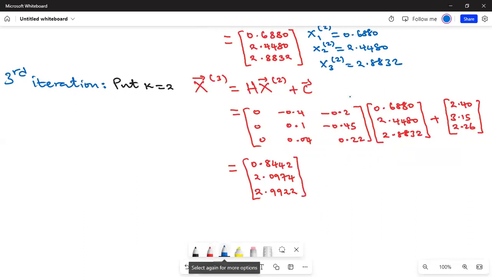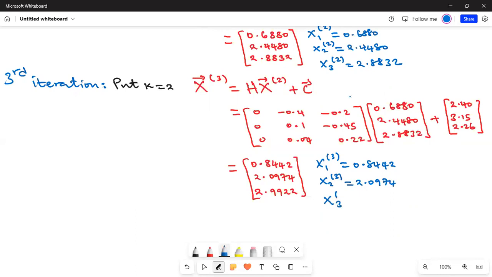So this means that x1 at level 3 is 0.8442, x2 at level 3 is 2.0974, and x3 at level 3 is 2.9922.